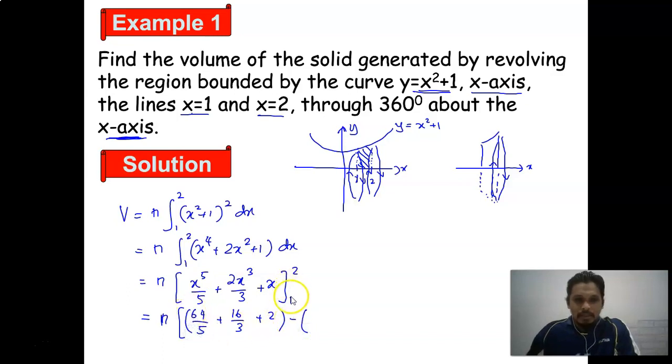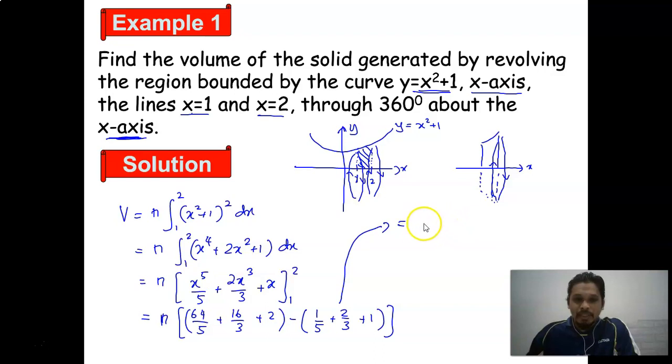Minus, substituting x equal to 1: 1 over 5 plus 2 over 3 plus 1.